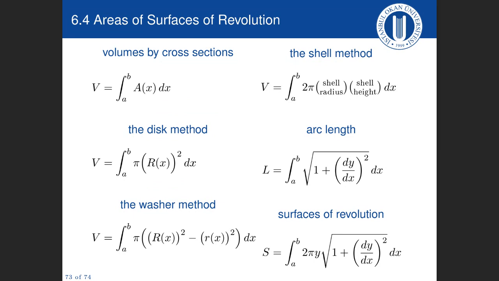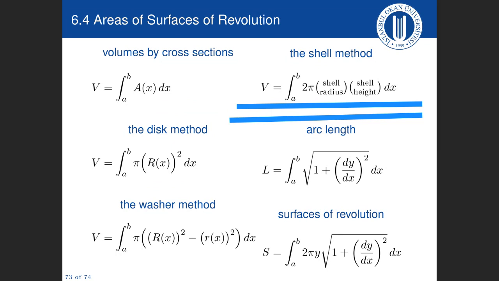I spent a lot of today's lesson talking about the shell method. Integral of 2 pi, shell radius, shell height, dx. Those questions are easy as long as you can draw your capital H on your picture and find the shell radius and the shell height.